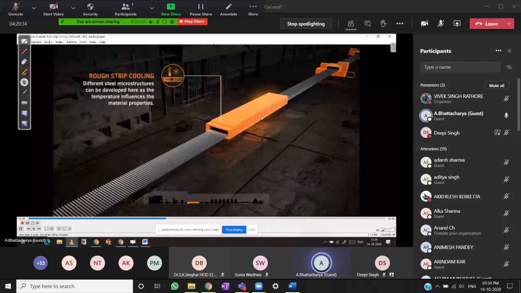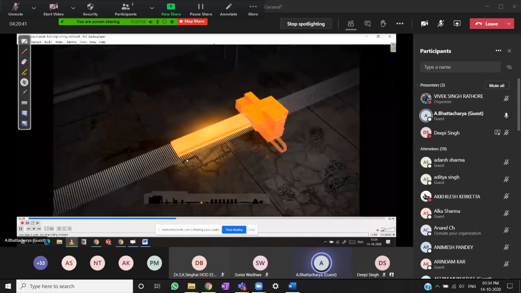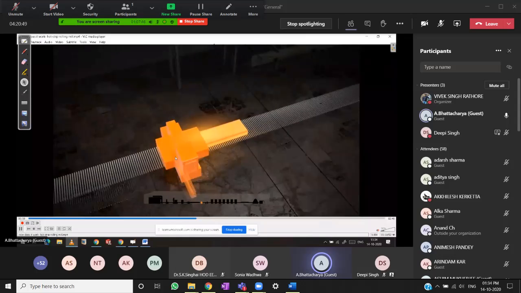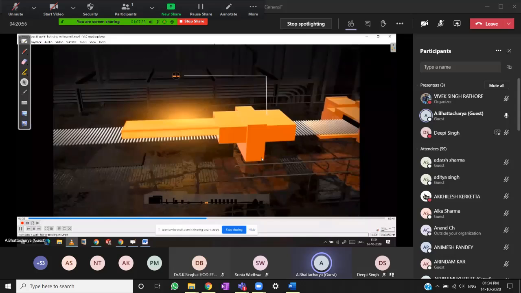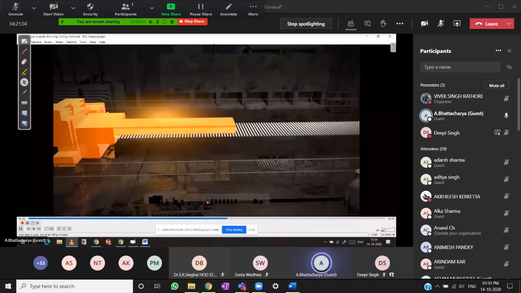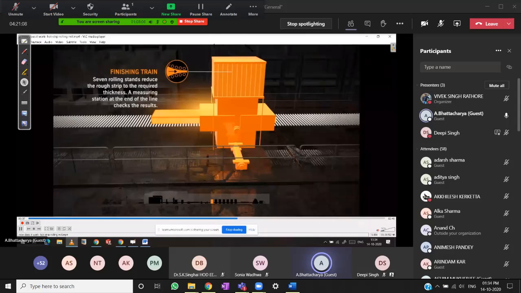So then it goes to the, cold by now, so they are heated by blast furnace gas. Then it goes to the shear, and then it goes to the thickness gauge finishing. So you can see this is finishing line.